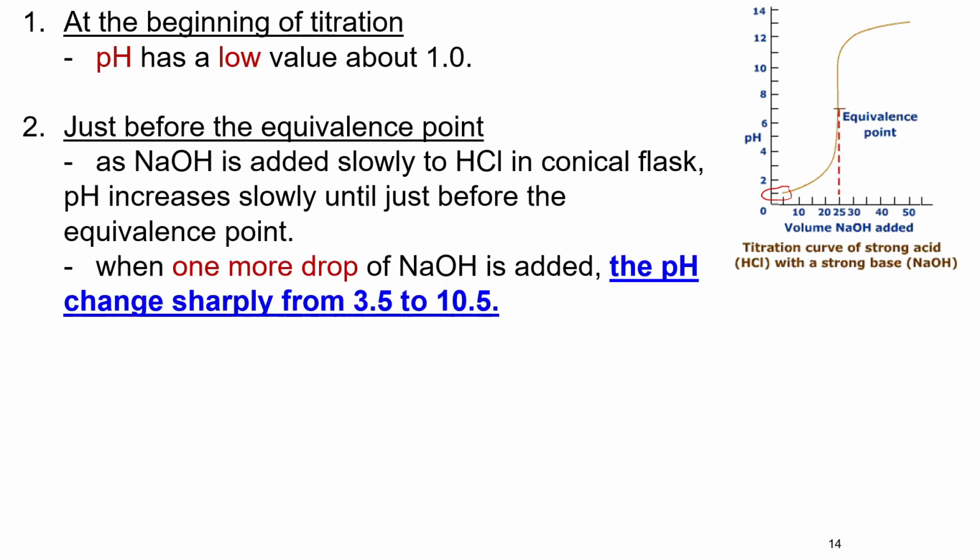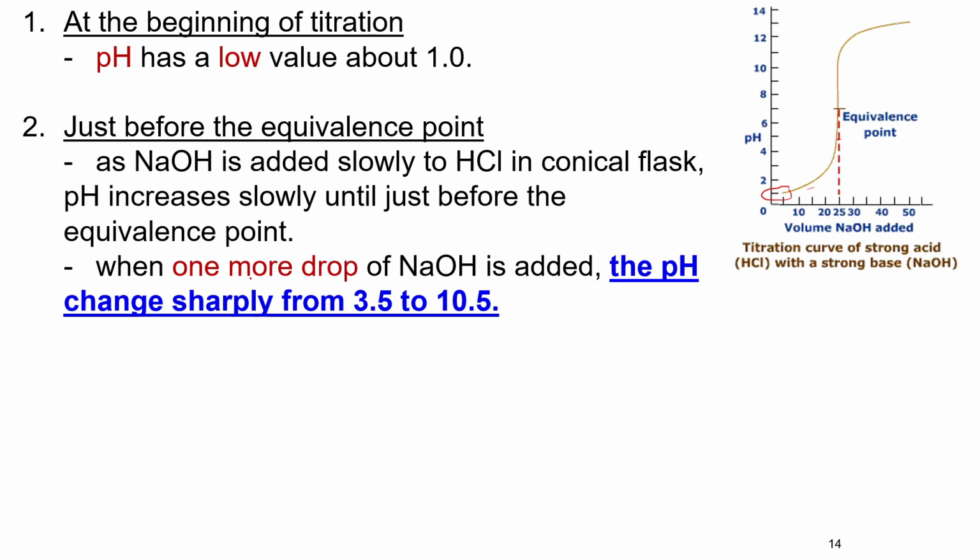So just before the equivalent point, kita tahu equivalent point ialah pH 7. So sebelum 7, okay, bila kita mula tambah NaOH, the pH increase slowly. So dia akan menaik, ikut graf ni, meningkat just before the equivalent point.